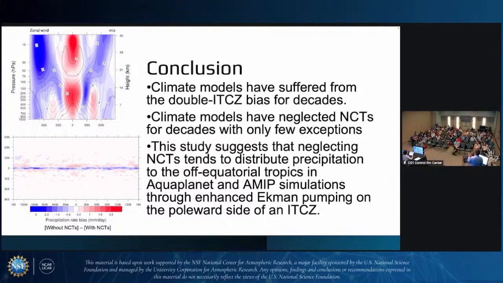No, actually, I haven't looked at the latent heat flux. I've looked at radiation flux at top of atmosphere and the surface radiation flux, and both also show improvement when we include the non-traditional Coriolis terms. I look at pattern correlation and RMSE. All those improved when we include the non-traditional Coriolis term.